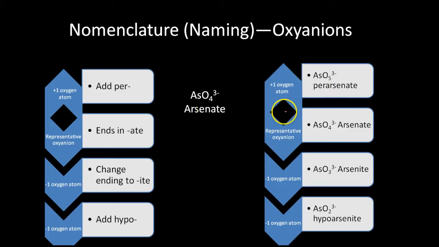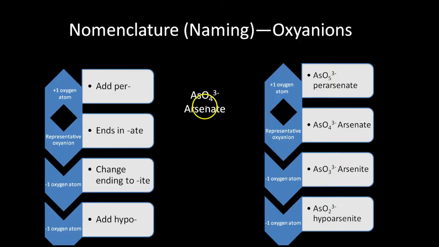it becomes perarsenate, okay? If, however, you drop one oxygen from this formula, the end of the name changes from arsenate to arsenite, okay? So AsO3 3 minus becomes arsenite.